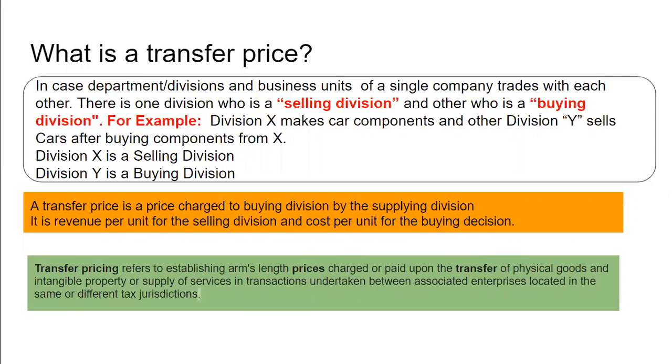Imagine division X makes batteries or car components, and sells to division Y, and division Y further sells to the outside market. What should be the price charged for the battery or car components from the selling division to the buying division?